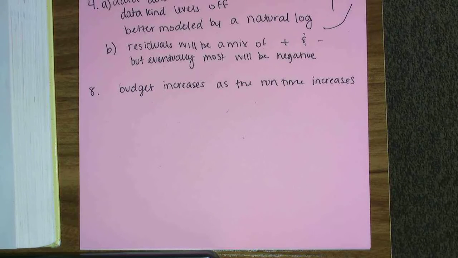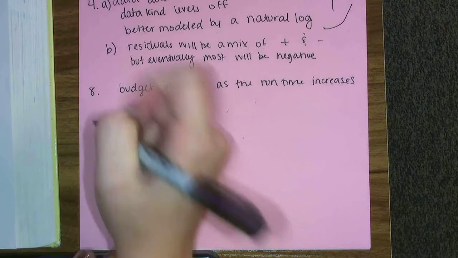Alright, and then B, how do the costs of R-rated movies differ from those of PG-13 and PG-rated movies? Discuss both the slopes and the intercepts. Yeah, so they all have pretty similar slopes.